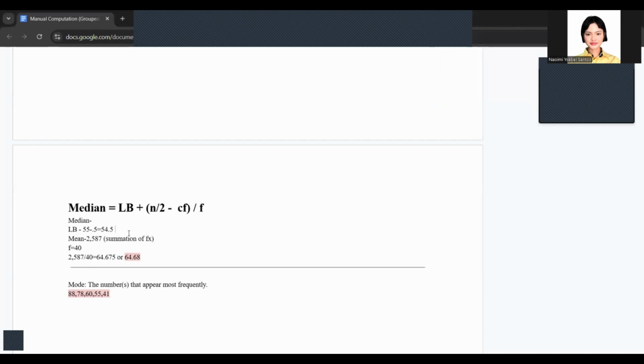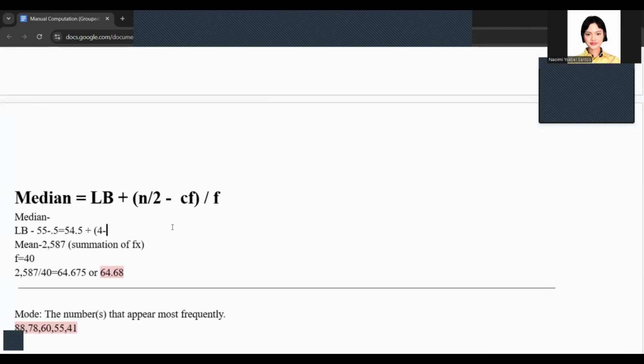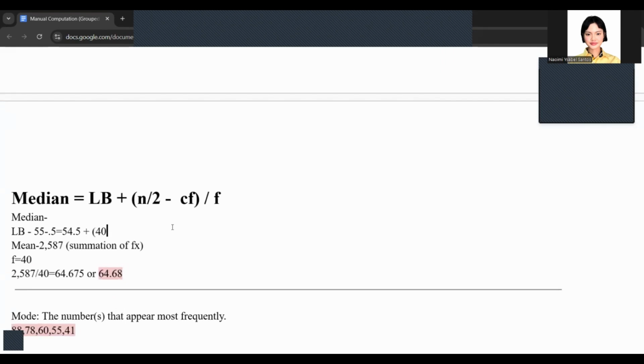Then we will be adding it with our open and close parenthesis, 40 divided by 2, which is 20, minus our CF.